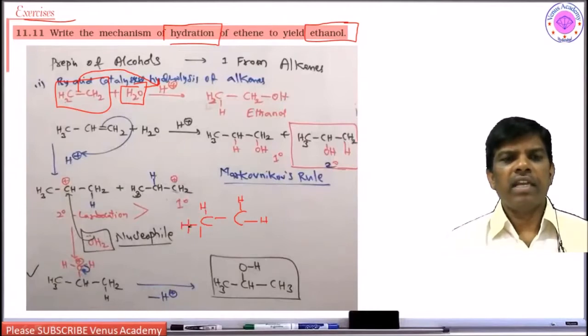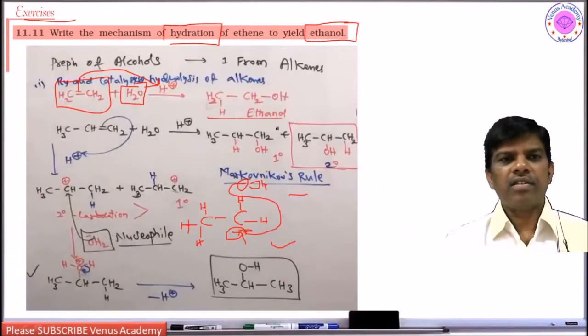Ethene upon taking hydrogen, so this is electrophilic addition takes place first. So alkenes always undergo electrophilic addition reaction, right? So this is the carbocation. This carbocation will take nucleophile of OH. So this is how you are going to get ethanol.